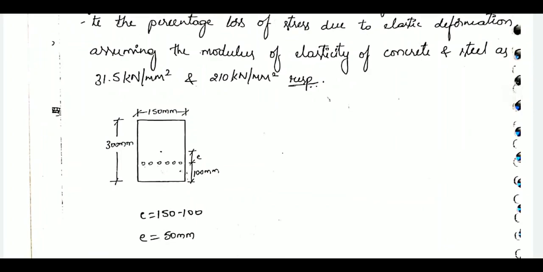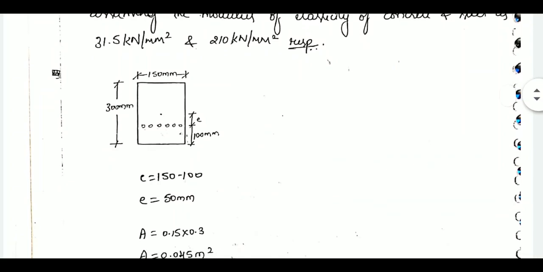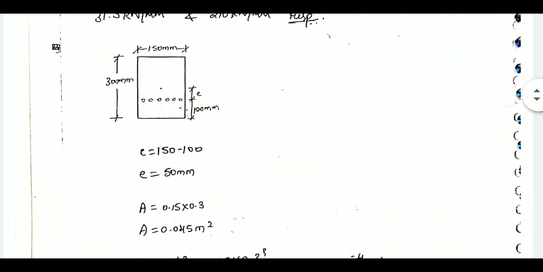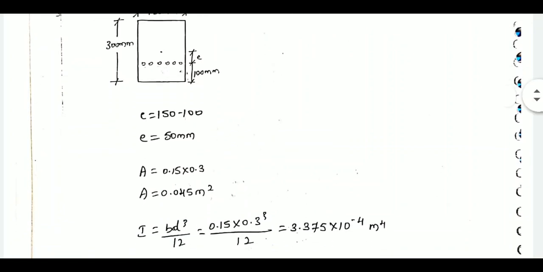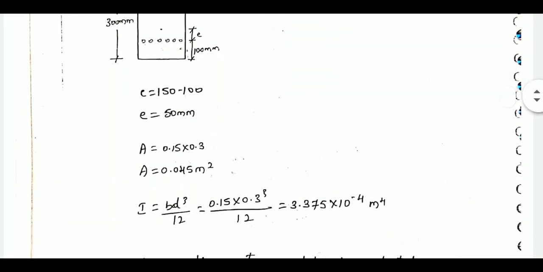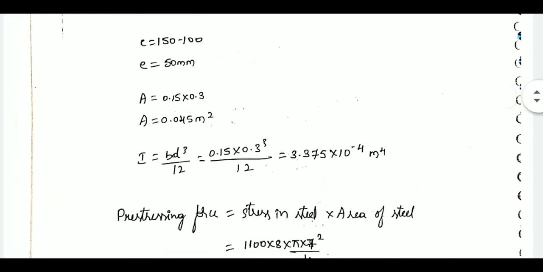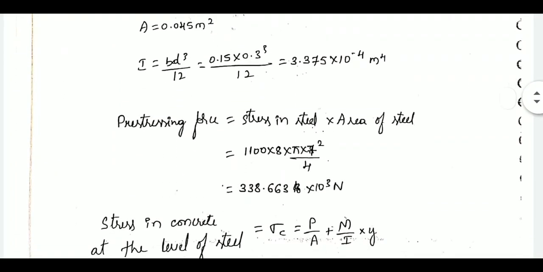With respect to centroid of the cross section, we need to find out what is the eccentricity. So overall depth is 300, so centroid will be 300 by 2, 150. So eccentricity is 150 minus distance from bottom to cables or tendons, that is 100 mm. We will get eccentricity of 50 mm. And area, it is 0.15 by 0.3. Moment of inertia we have calculated.